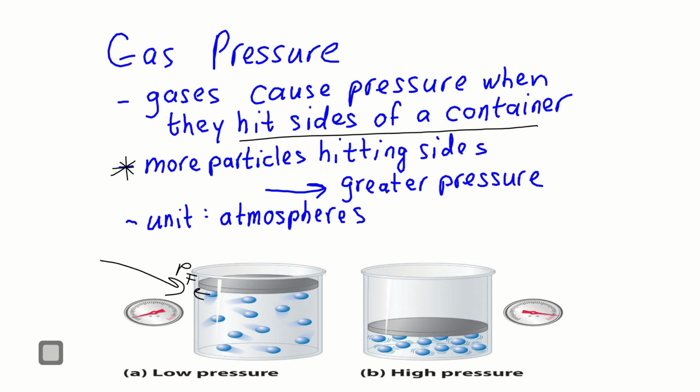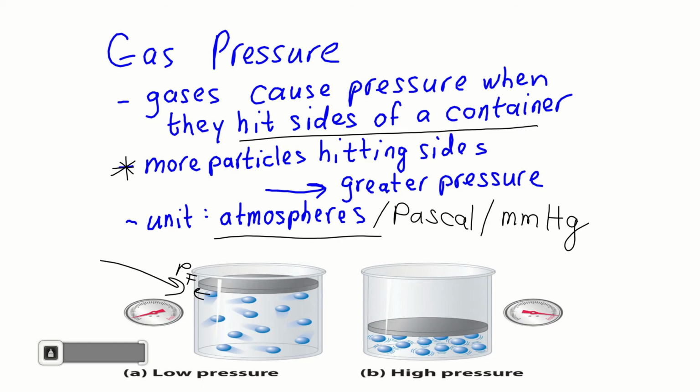The unit for pressure is called the atmosphere. You might also see later on something called a Pascal, or millimeters of mercury. Those are all the different standard units for pressure. Again, we're not actually calculating anything, but you might see you have 5 atmospheres, then it goes down to 3 atmospheres. That just tells you that the pressure is decreasing.